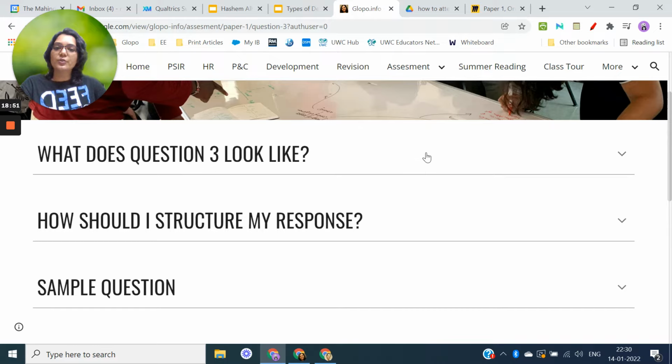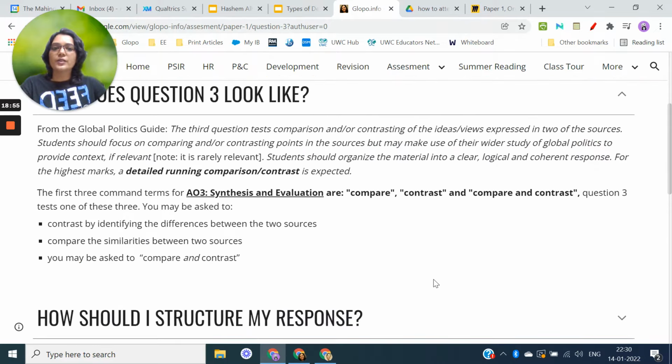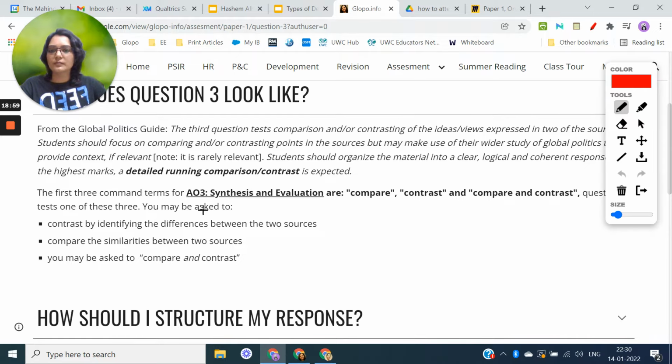What does question 3 look like? Interesting now. So this question 3, it will have synthesis and evaluation. Okay, so it is asking you to synthesize your own knowledge with the knowledge which is given in the paragraph and evaluate.